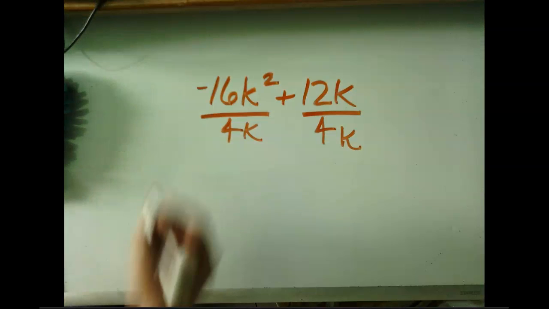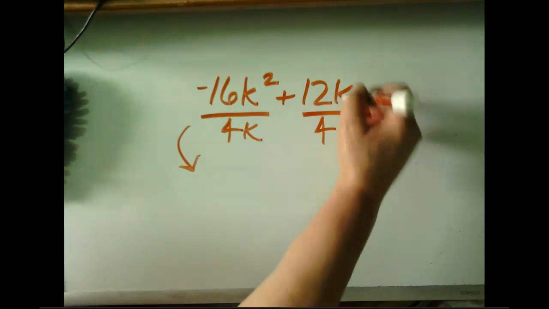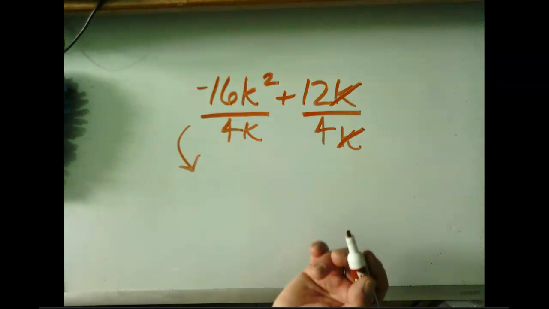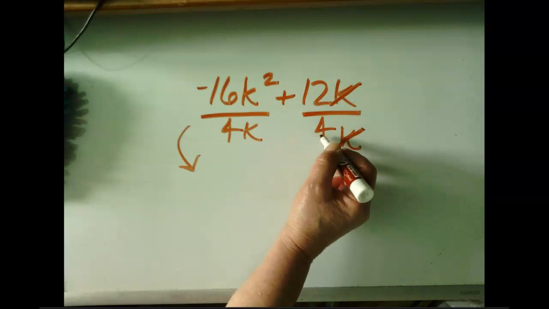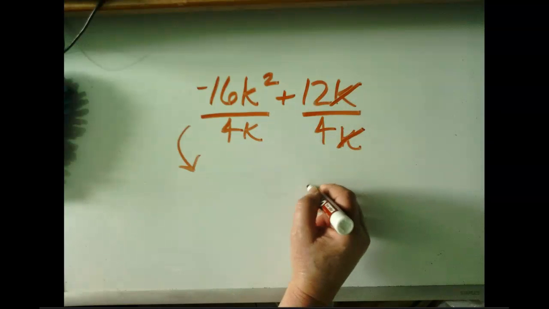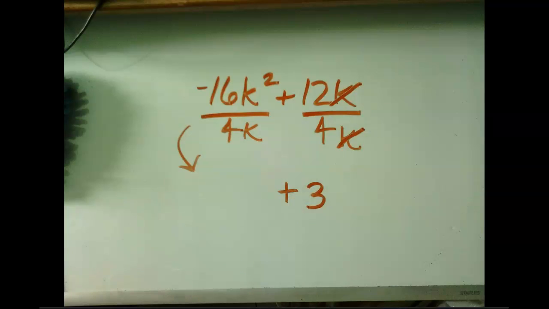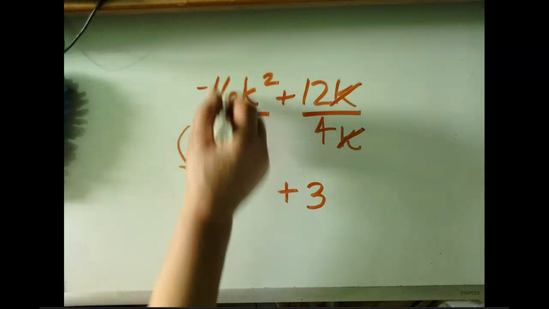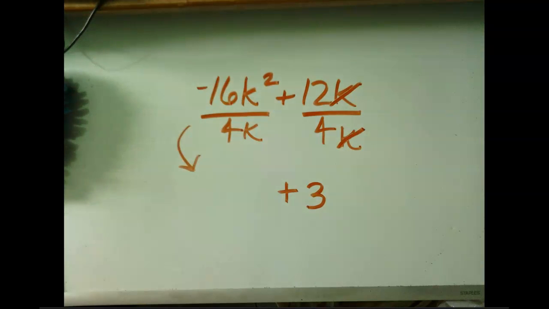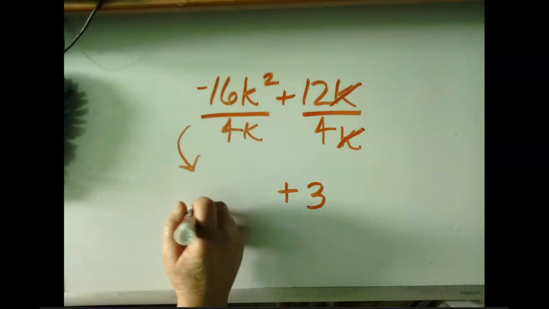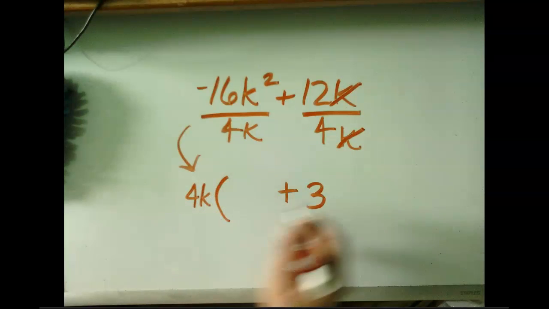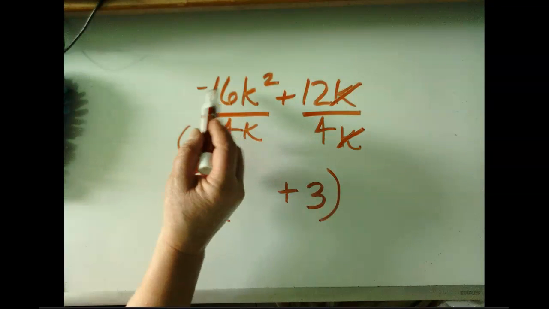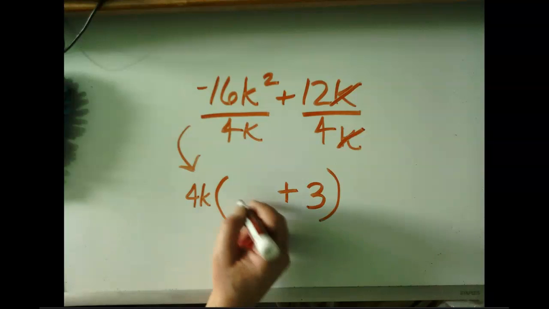So now I can do my division. k over k is just 1, and 12 divided by 4 is going to be 3. I'll keep my plus sign. So I'm dividing negative 16 by positive 4. So I've got 4k on the outside of my soon-to-be binomial. And so negative 16 divided by 4 is negative 4.